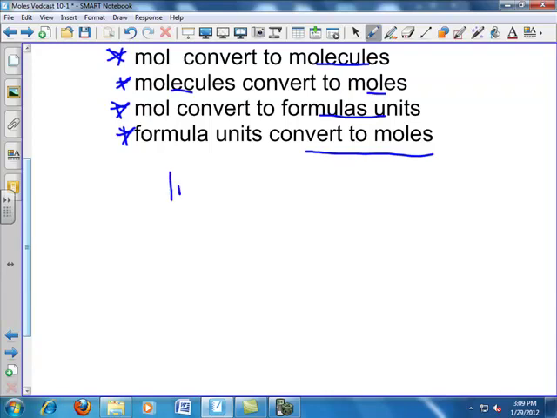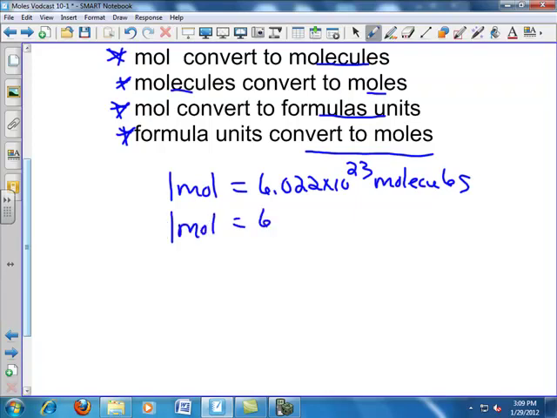Because 1 mole can be equal to 6.022 times 10 to the 23rd molecules. Or 1 mole can be equal to 6.022 times 10 to the 23rd formula units. Okay? And molecules and formula units just deal with how things are bonded.